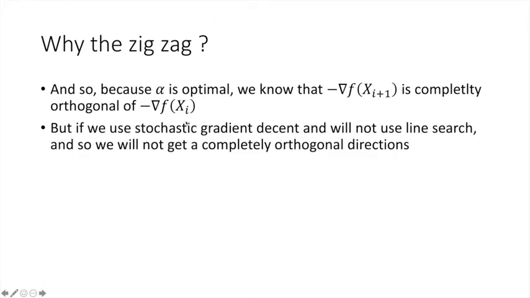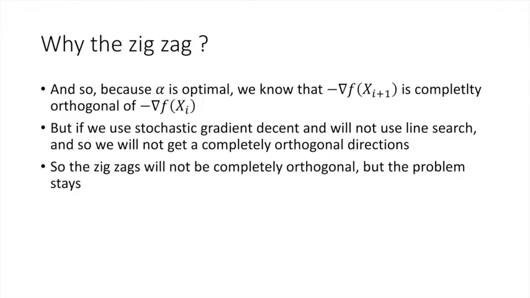But we don't use stochastic gradient descent, we will not use exact line search, and we will not get a completely orthogonal direction. And we also don't use the entire data set. And so the zigzags will not be completely orthogonal, but the problem stays, as the functions using different parts of the data would be very similar.